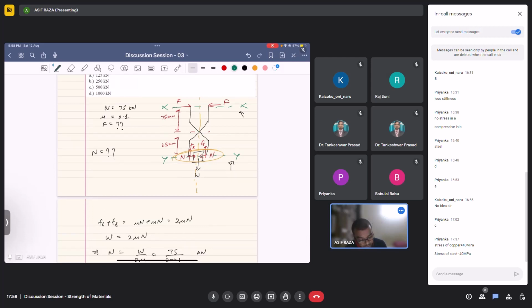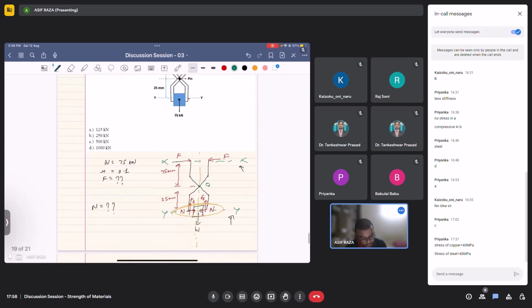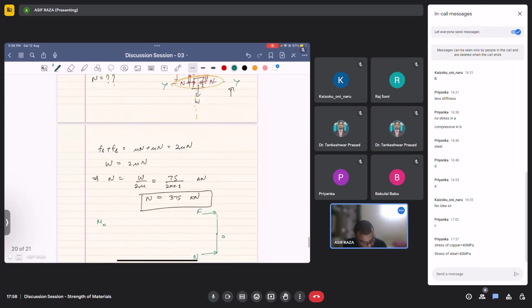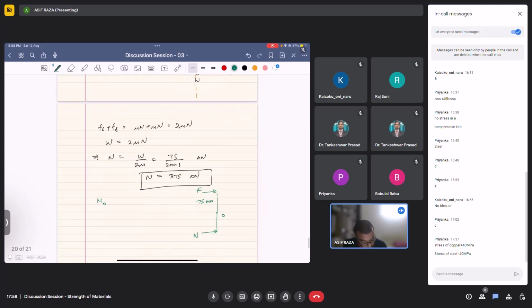So I take the moment about O. Having taken symmetry into effect, F is acting here and normal is acting here, and the distance is 75 mm here and 25 mm here.